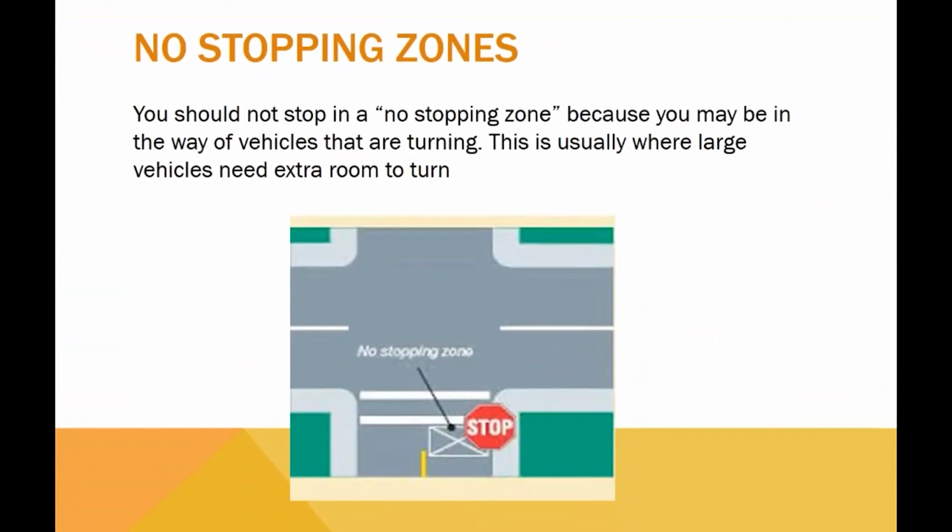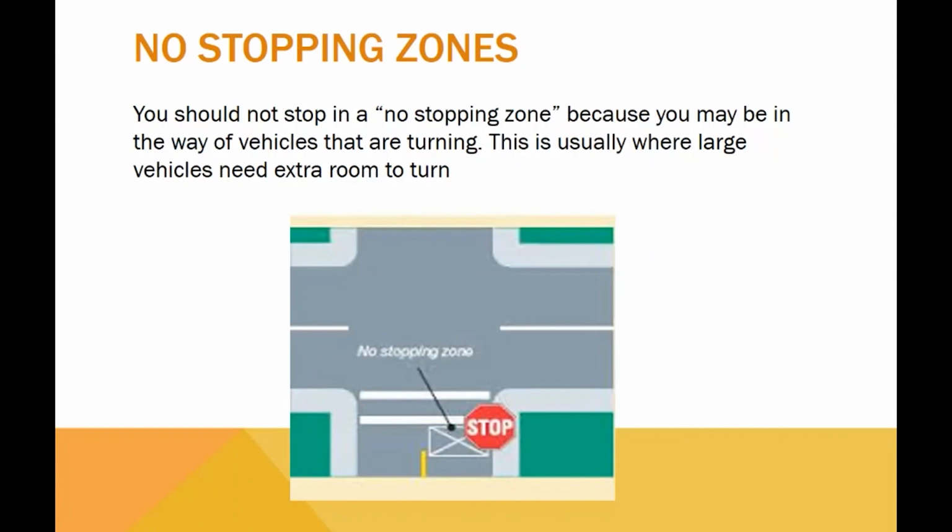There are also no stopping zones. These are also marked with an X, but it's an X with a closed box around it. This one doesn't necessarily mean that there's a railway crossing, but what it means is there's no stopping in that zone. You'll often see these posted in bigger intersections where you're coming from a more busy road.